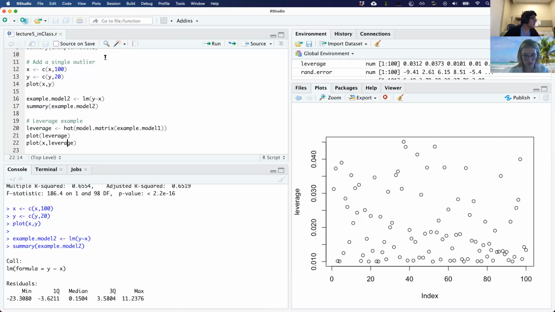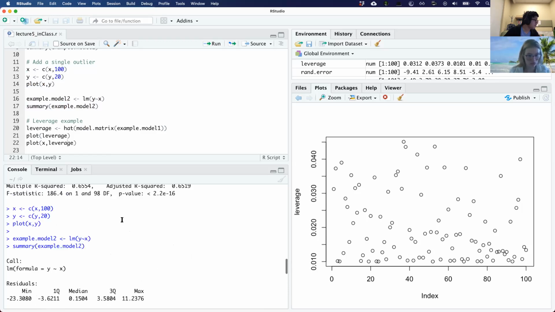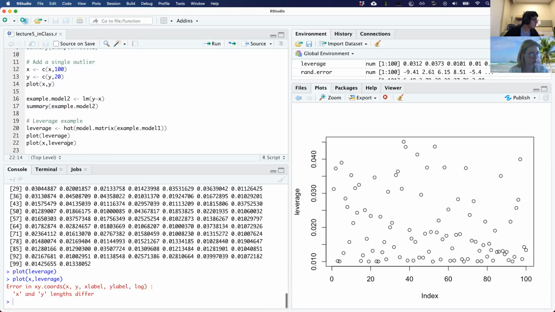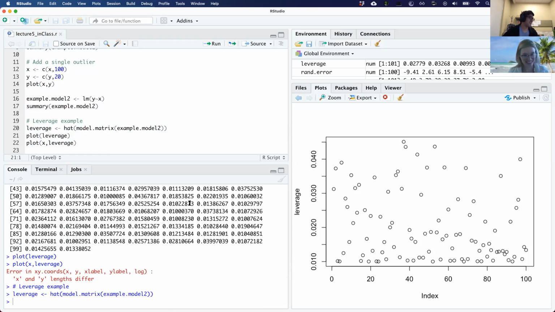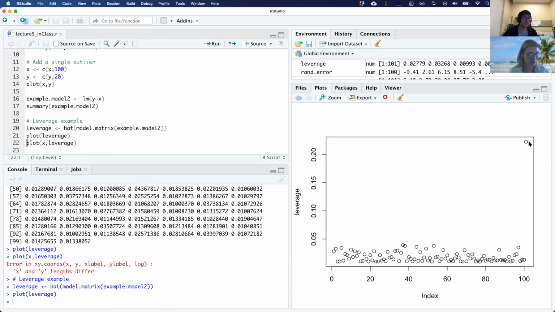Oh, I didn't rerun, did I? No, I did. You maybe have to put in model 2 instead of model 1. Ah, yes. Good catch. Sorry. Thank you. Whenever you have these errors during class, I start panicking. Okay. Yeah, and so hopefully this will give us a better picture. Okay, there we go.